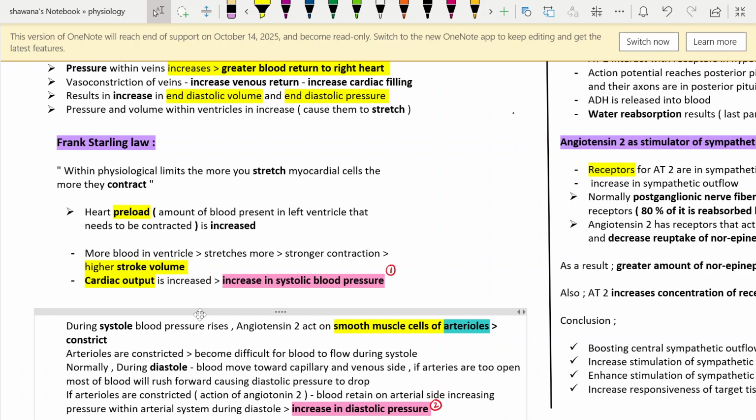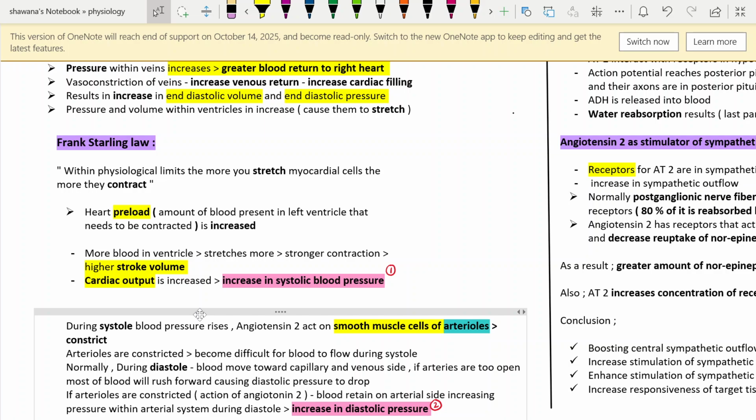It means that due to the increased cardiac filling, the left ventricle was stretched more, so it will eventually contract with a stronger force. Heart preload. What does preload mean? Preload means the amount of blood present inside the left ventricle that needs to be contracted.